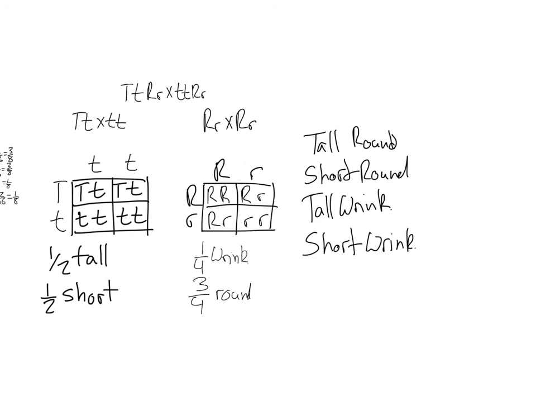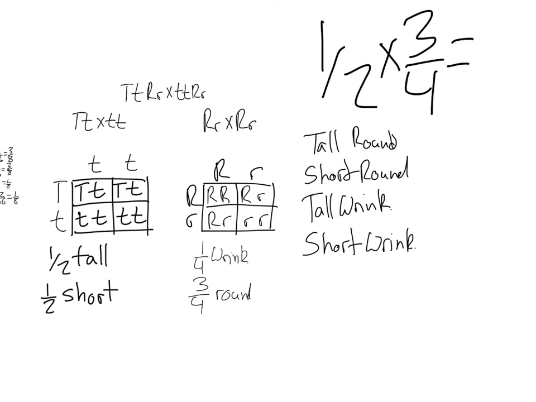But now the way we're going to calculate these is to figure out which proportion are going to be tall and round. You take the proportion that will be tall and you multiply it by the proportion that will be round. So 1/2 will be tall, 3/4 will be round. So 1/2 times 3/4 equals 3/8.